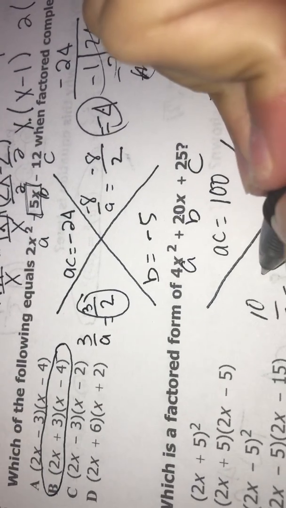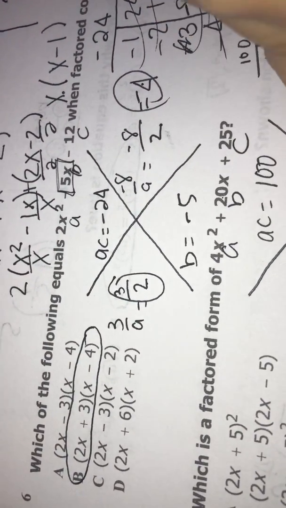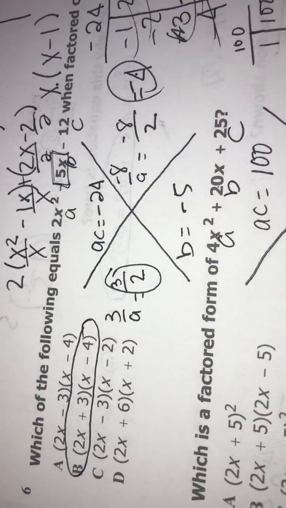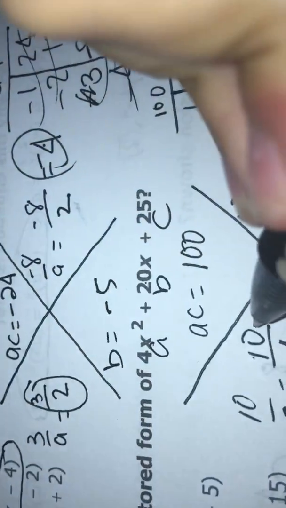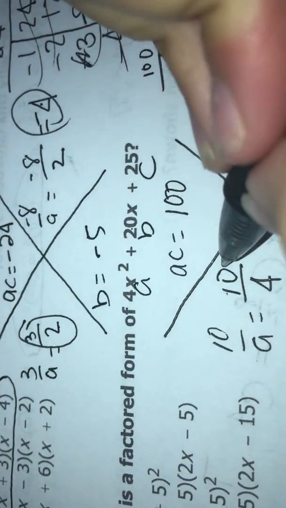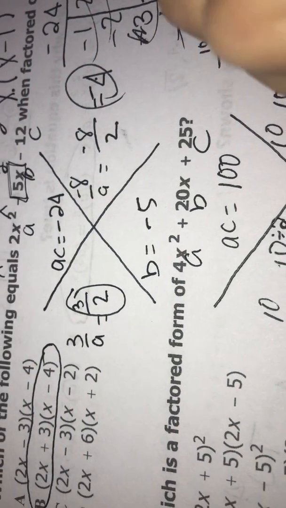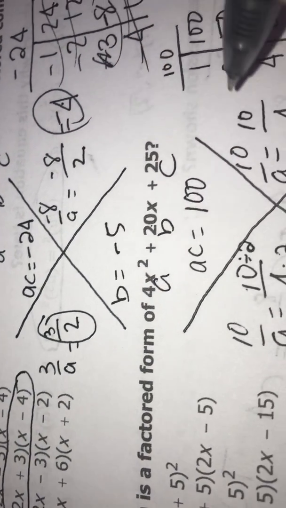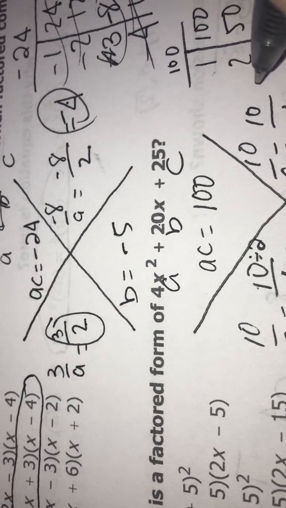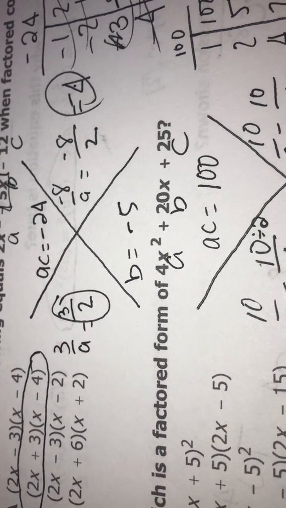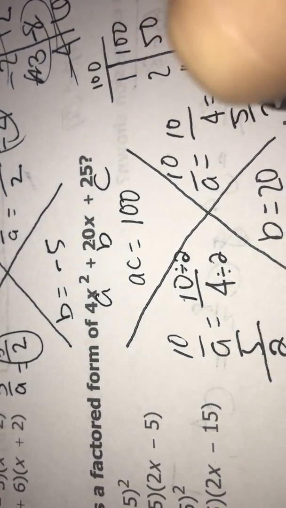So 10 and 10. So 10 over A, that'd be 4, 10 over 4. And since these can reduce, the biggest number that goes into both of them is 2. And so you get 5 over 2 and 5 over 2.